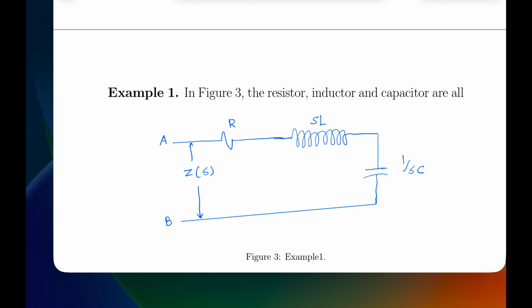And we have to find out the impedance between the points A and B. We see here that R, L, and C, all of them are connected in series. So the total impedance between the points A and B is Z(s) equal to R plus sL plus 1 upon sC.